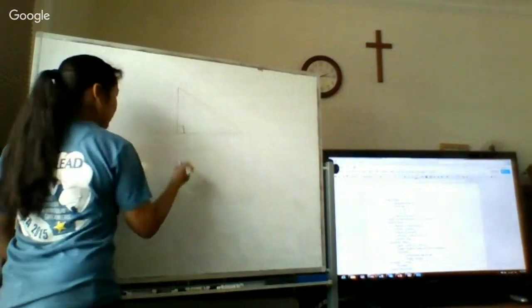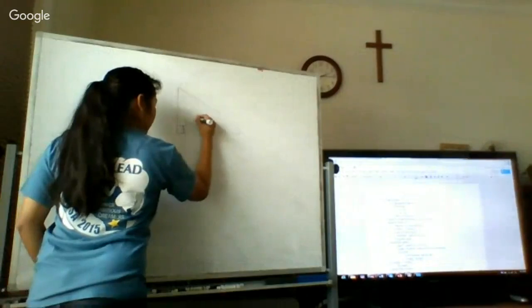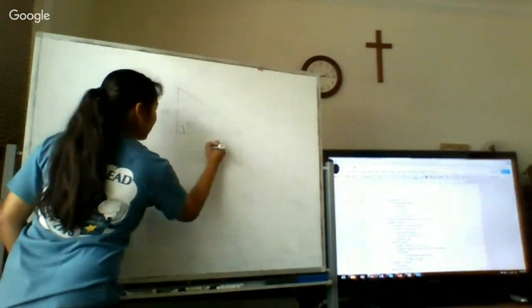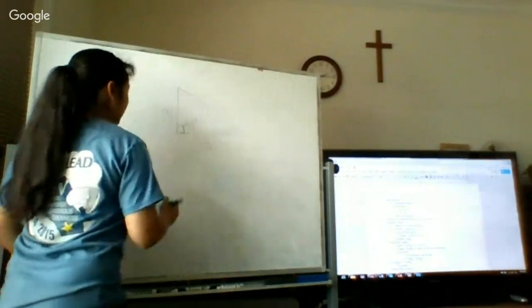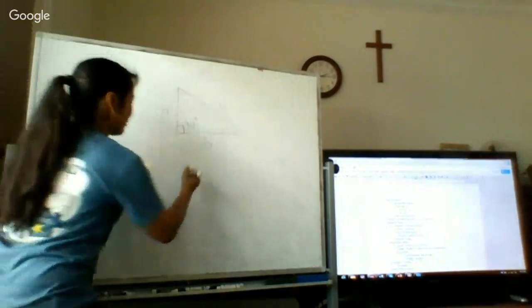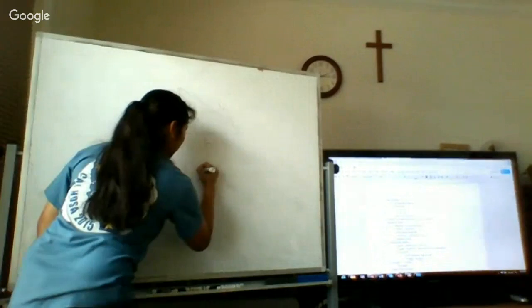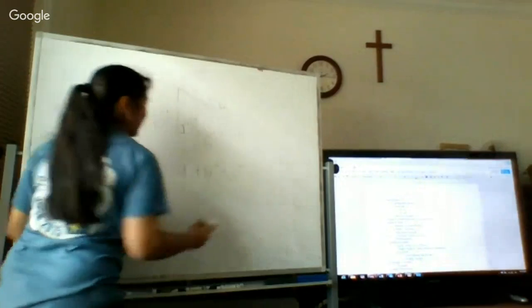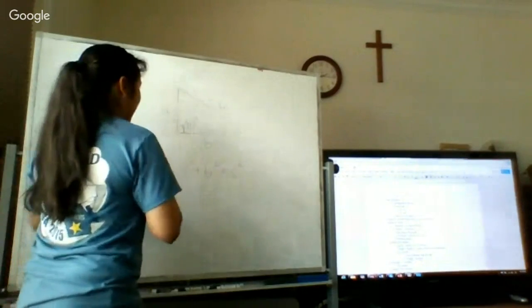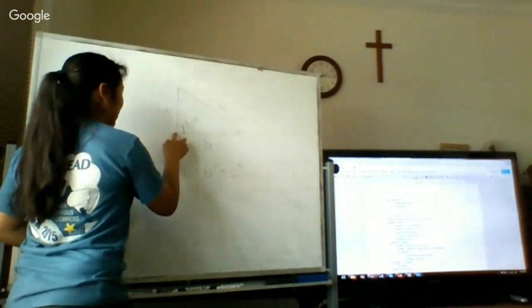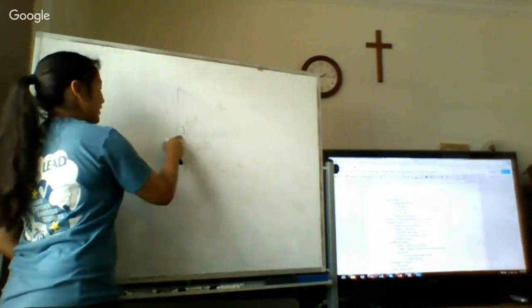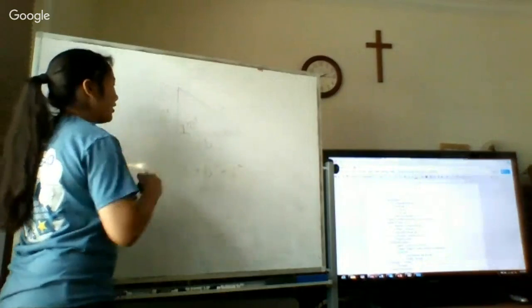So we had our triangle like this, A, B, and C. So basically it's a special rule which says that A squared plus B squared is equal to C squared. And this only applies when you have a right angled triangle, and we call the leg that is directly opposite of the 90-degree angle the hypotenuse.